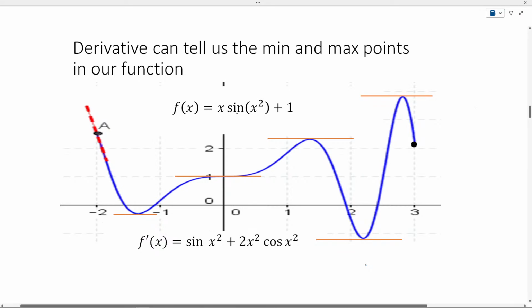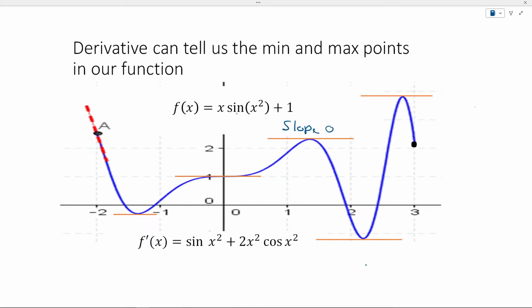But you see these guys here, that is called a local minimum. And this guy here is called the local maximum, because you see the function keeps increasing, so the slope is positive, positive, positive, until it goes to the top, and after it goes to the top, it starts going down again. So positive, negative. And what is the slope here? The slope here is 0. So the slope at this maximum point is 0.